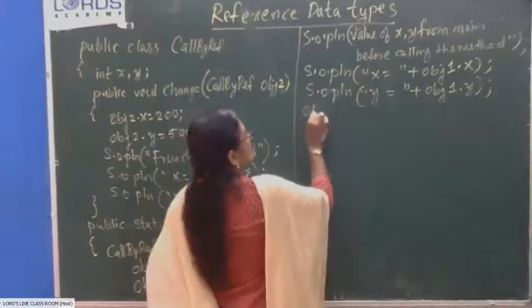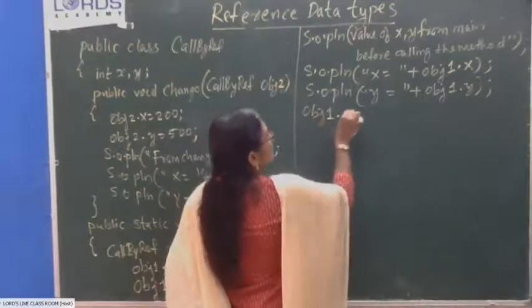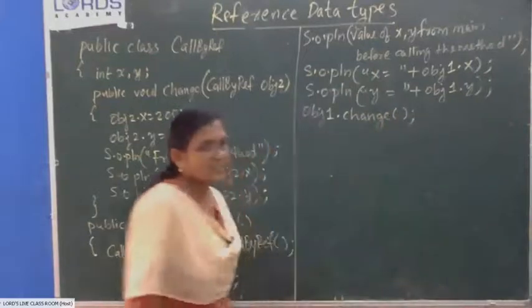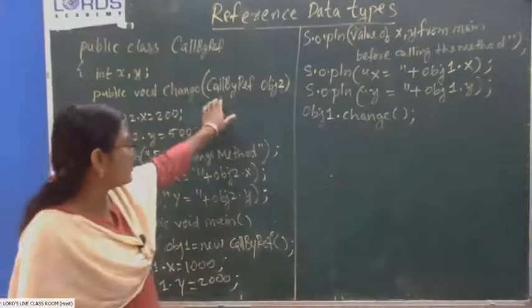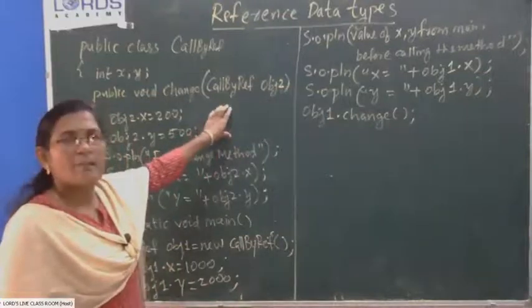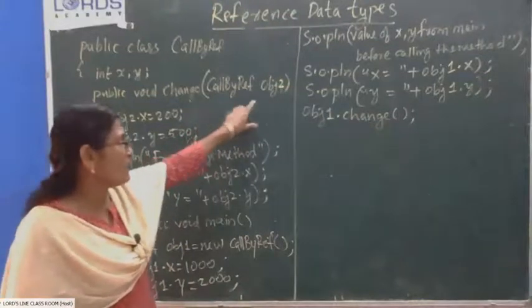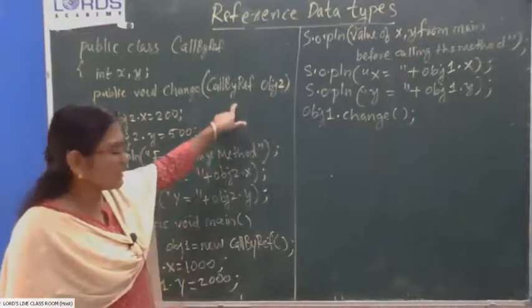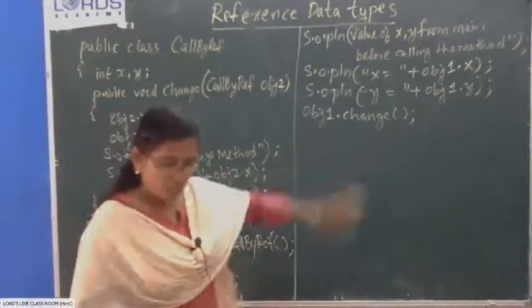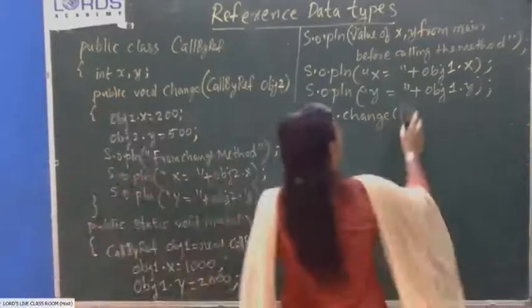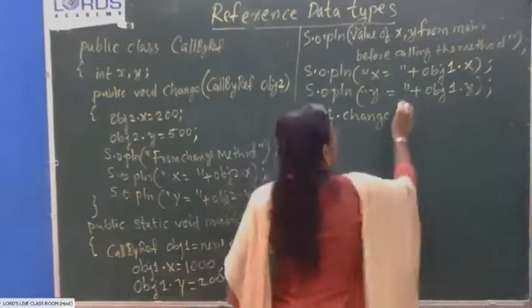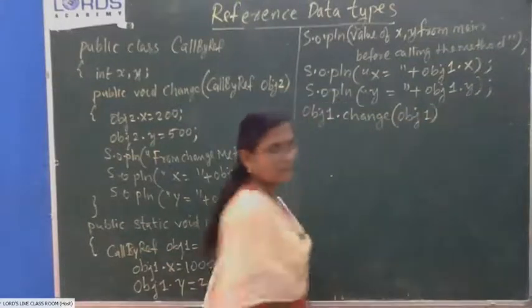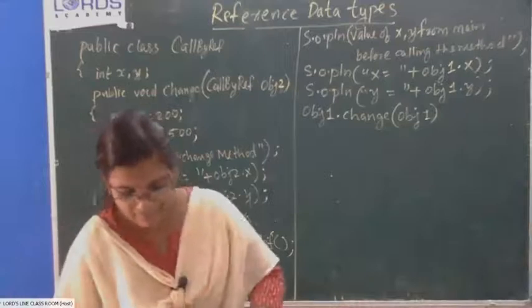So obj1 dot change. The change method is called. This is a parameterized method, so I have to pass an object of the call by reference type to this method. obj1.change, I am going to pass the same object's address, obj1, to this method.